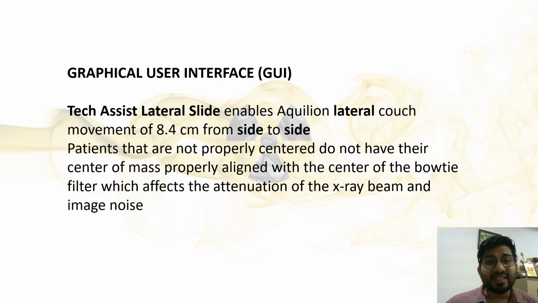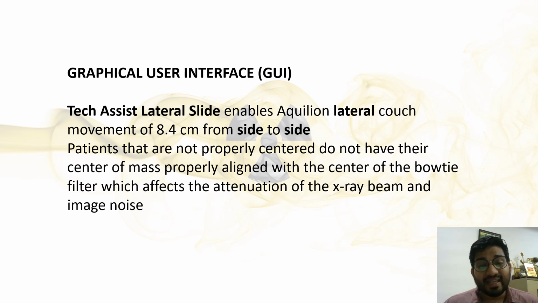For such patients, we now have many technologies. One technology is called Tech Assist Lateral Slide. What is that? It enables lateral couch movement of around 8.4 centimeters from side to side. So you can move the patient without moving the patient. You can just move the table in the lateral aspects.